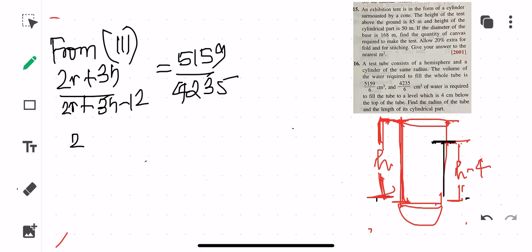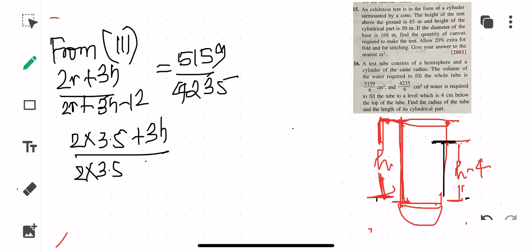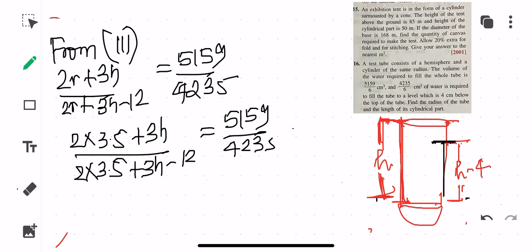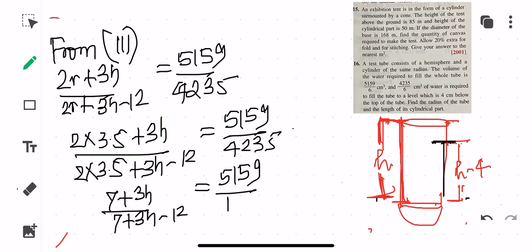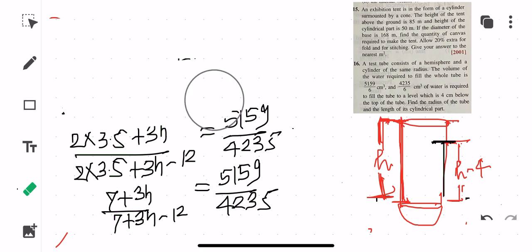So you will be writing 2 into 3.5 plus 3h divided by 2 into 3.5 plus 3h minus 12 is equal to 5159 divided by 4235. So here you are getting 7 plus 3h divided by 7 plus 3h minus 12 is equal to 5159 divided by 4235.